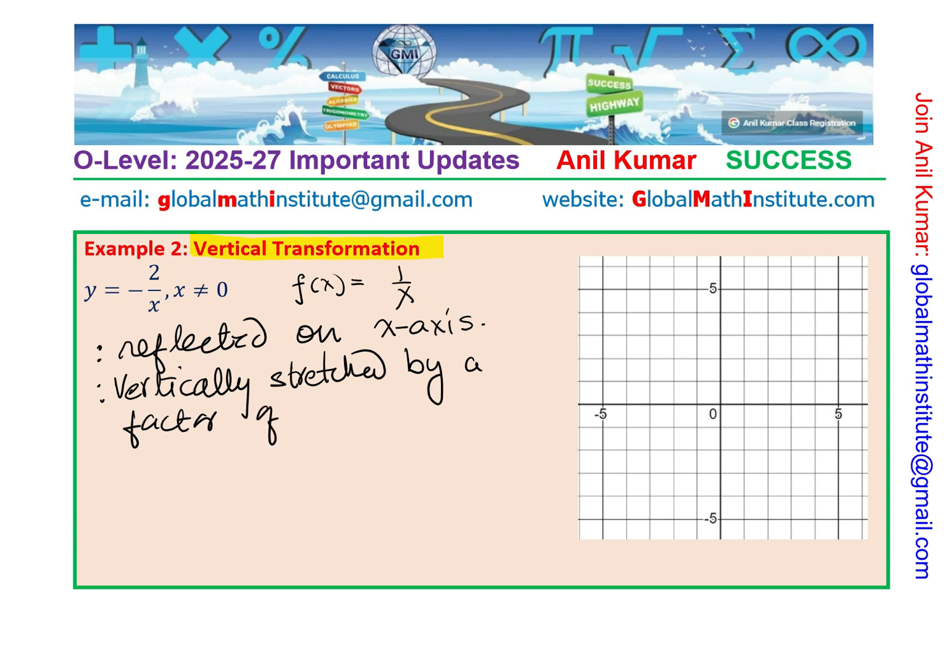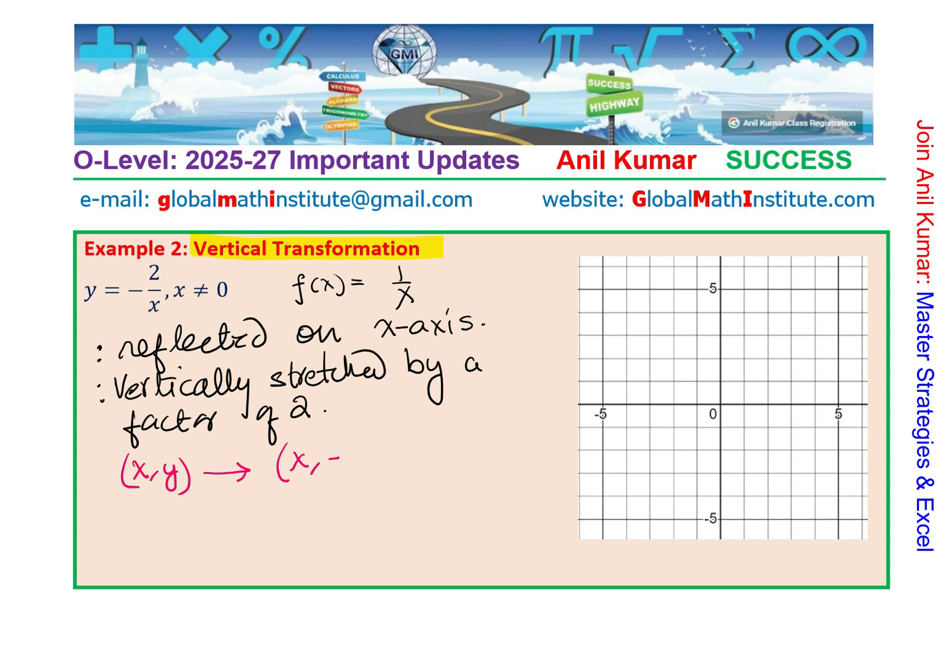It is important to write factor, meaning multiplied by a factor of 2. That basically means that on 1 over x, if we have a point (x, y), then its image will change. X values will not change in this case, since these are vertical transformations, right? So minus 2 times y will be the value, correct? So that is how it is going to be.